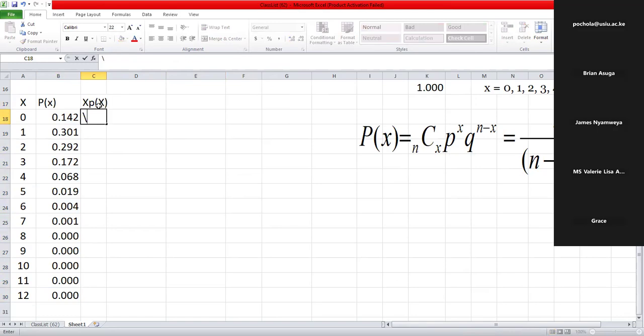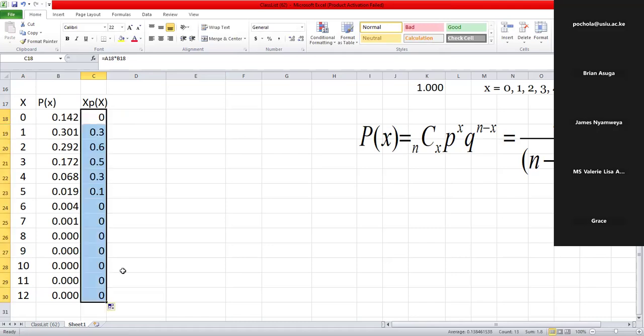Then I multiply x times the corresponding P of x. This is a longer method. Don't ever use this method. I'll show you what to do. That is the first one. I do it for all values of x. We multiplied last time like that, incidentally.